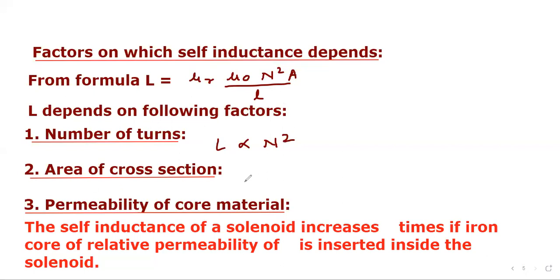Area cross section, L is directly proportional to area of cross section, and L depends on relative permeability mu r. So we can say the self-inductance of a solenoid increases mu r times if iron core of relative permeability mu r is inserted inside the solenoid.